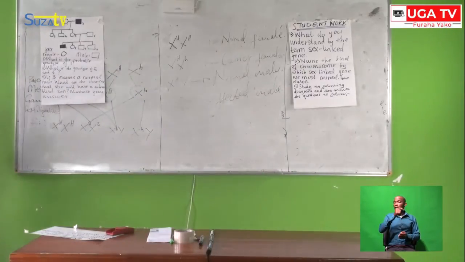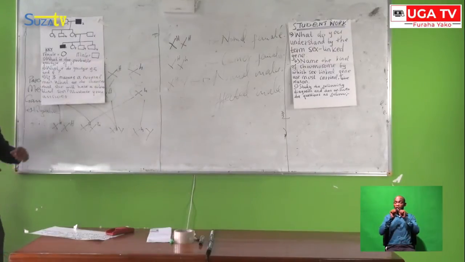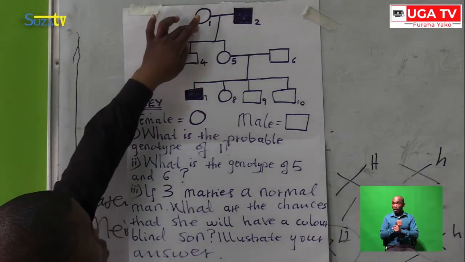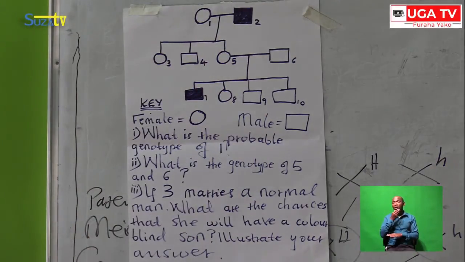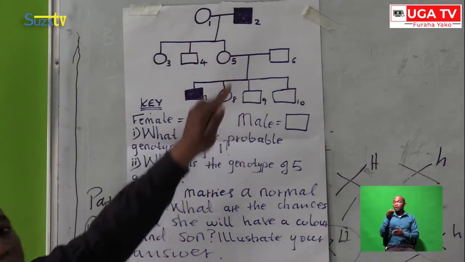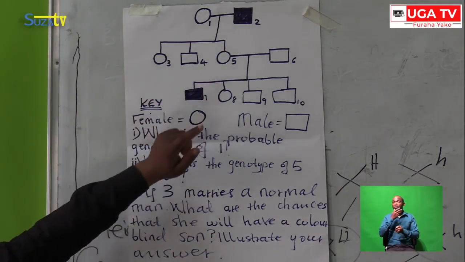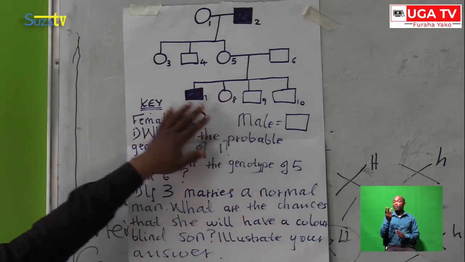We have a diagram with a key. The circle represents female and the rectangle represents male. So we have a female married with this male, meaning that this is an affected male. So what about their children? They produce 3 children.